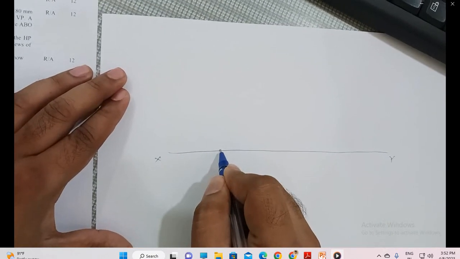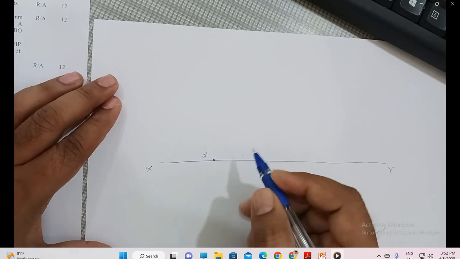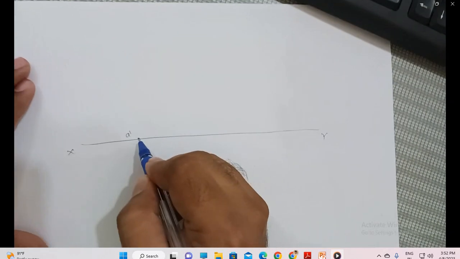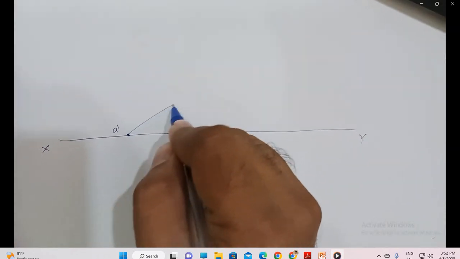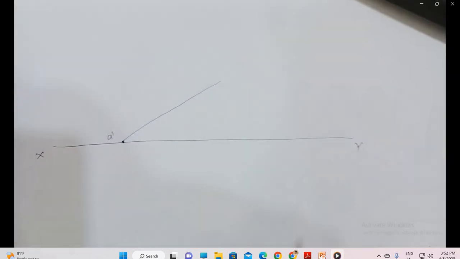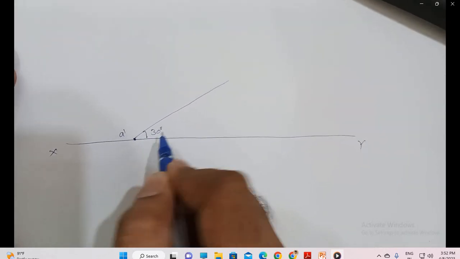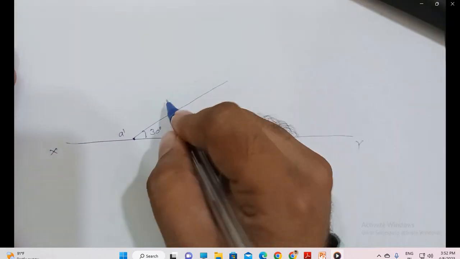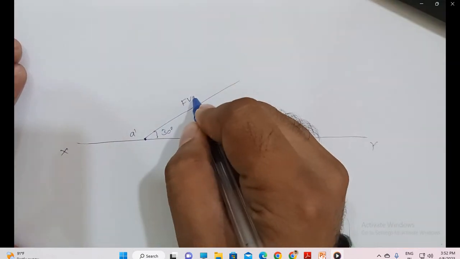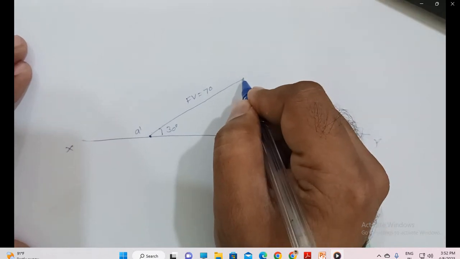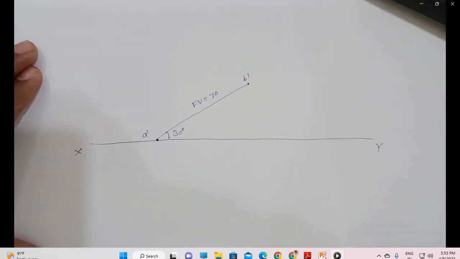So this is A dash, the front view of the point A, and from it we draw the front view length of the line, inclined 30 degrees to the XY line. The front view length is 70 mm. So this point is B dash. So A dash B dash is the front view of the line.